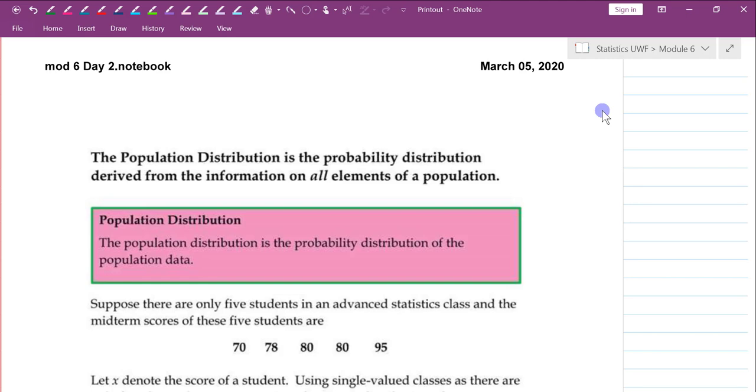We don't have very many students in our classroom that are over 30 years of age. We do have some, but not a lot. So the probability of randomly selecting one student and having their age be over 30 exists, but it's not even 50%. It's probably not even 20%. It's probably more around 15%.